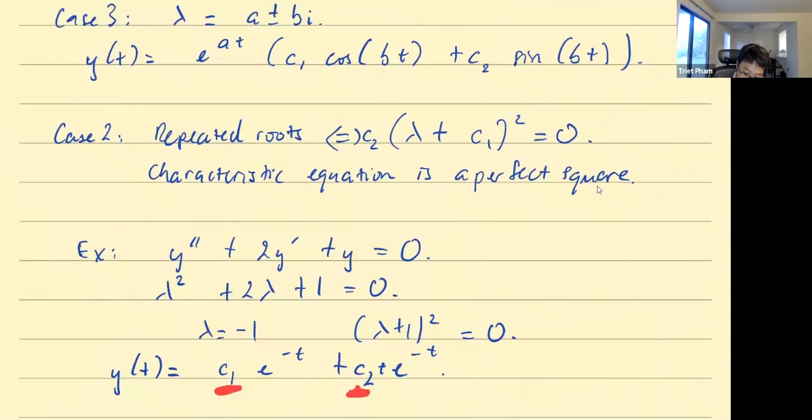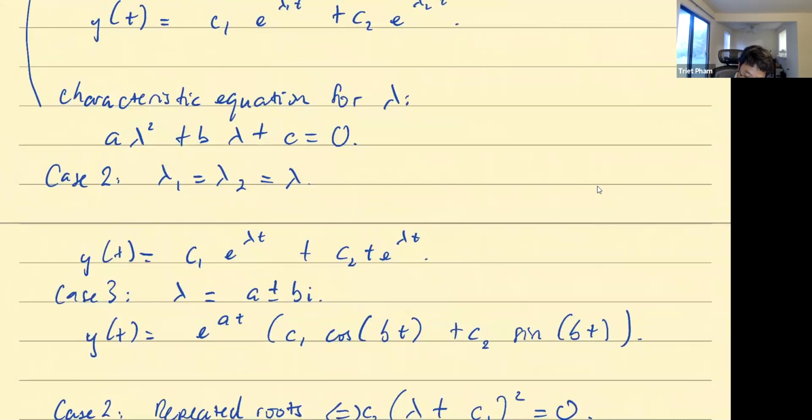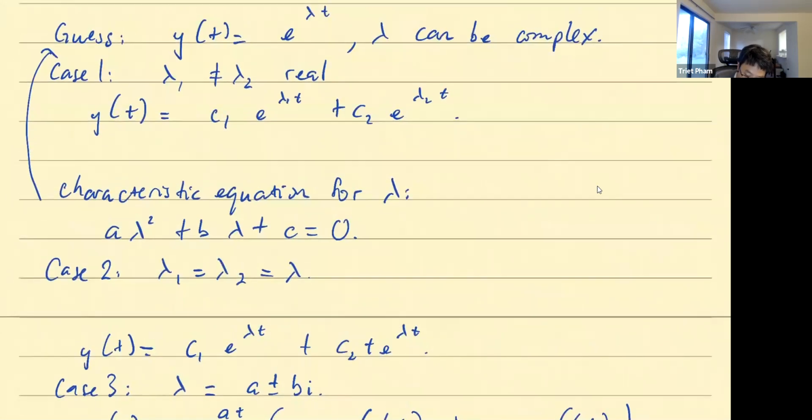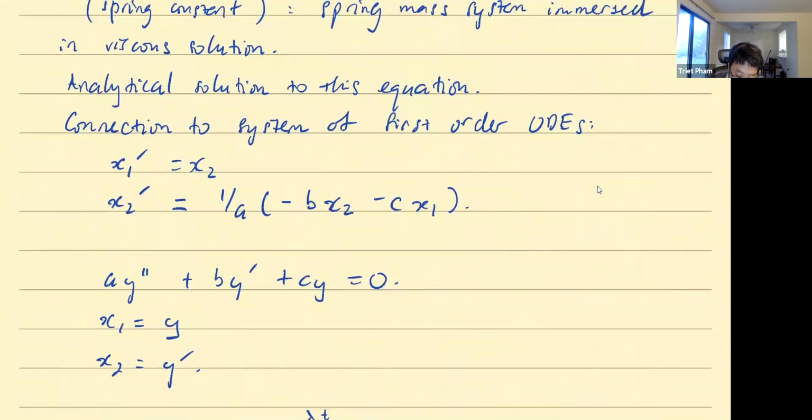Or if you connect it with systems, this is a 2 by 2 system, which naturally leads to two degrees of freedom.